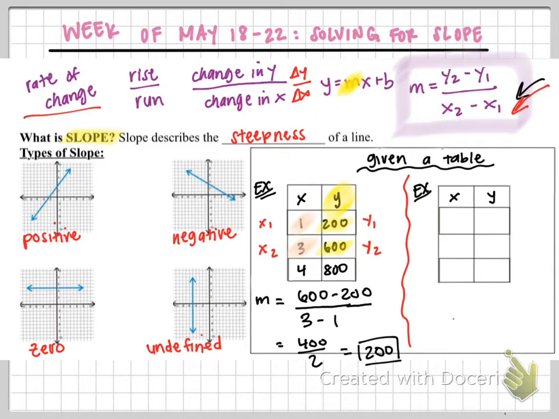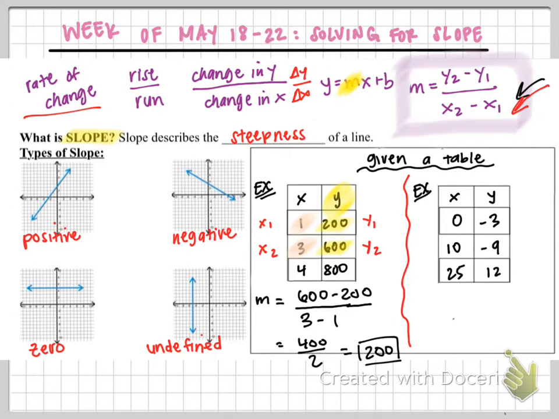Let's say for my second example, in my x column, I am given 0, 10, and 25. And then for my y column, I'm given -3, -9, and 12.